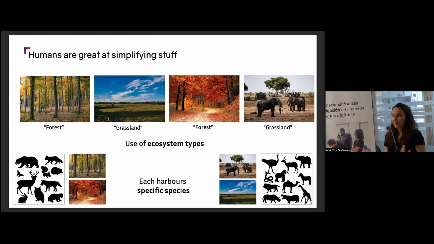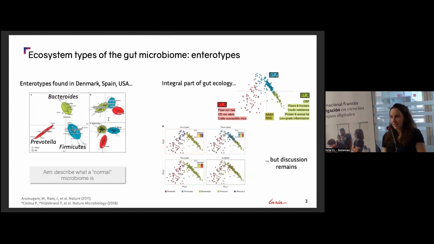For microbial ecosystems, we don't have these pictures. Hence, it's more complicated. The pictures that we have come mostly from genomic data, that enables us to get information about who is here, what are the bacterial species, the microbial populations that are present. From this, works from the early 2010s used clustering to define the ecosystem types of the gut microbiome, which were defined as enterotypes.